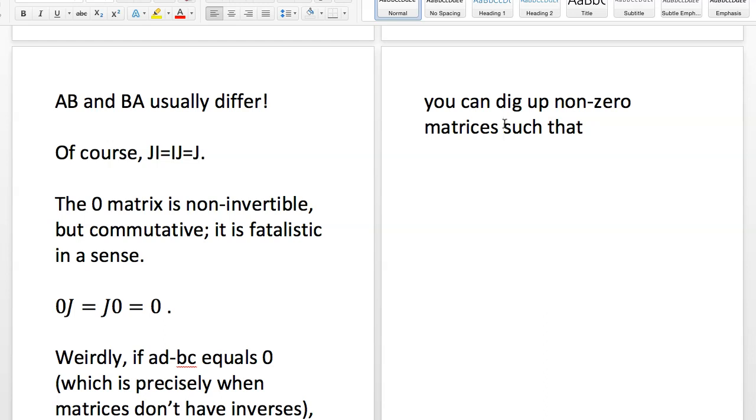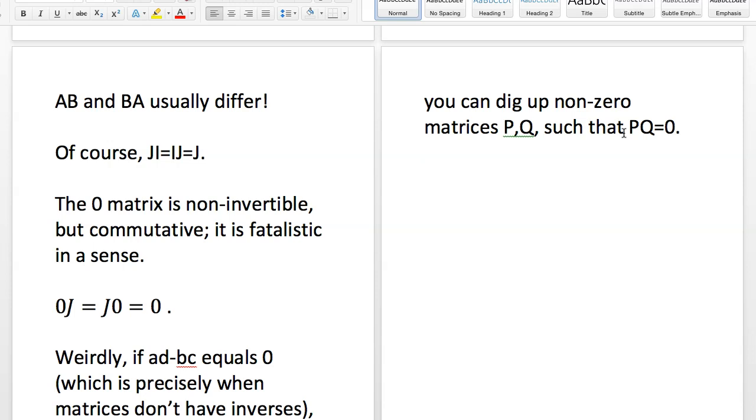I'll call them big P and big Q, such that PQ, the product of P and Q, equals the zero matrix. In the real numbers, guys, this didn't happen.